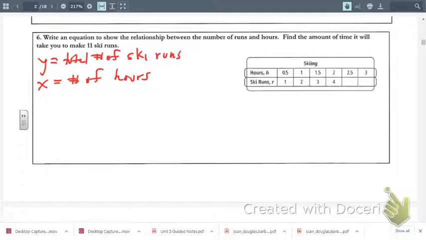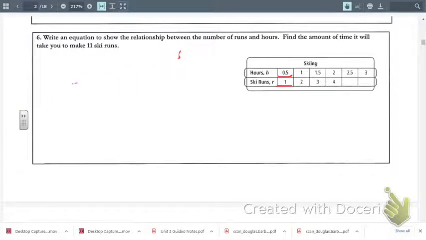Alright, so if we look at the table, we can see that for every half hour you can make 1 ski run. You see that? So every half hour you can make 1 ski run. Okay, actually I made a mistake here. The variables are different.